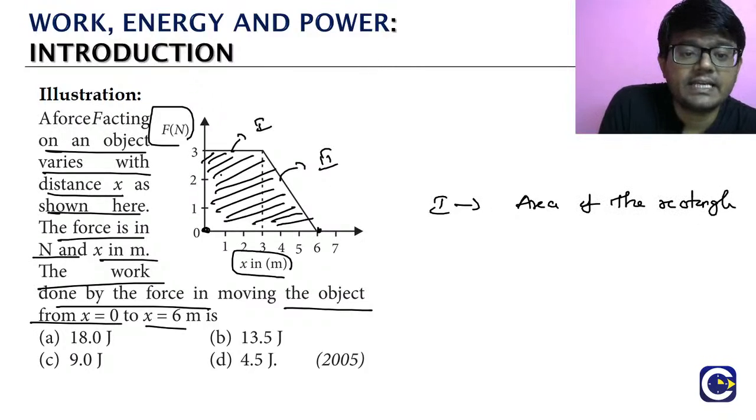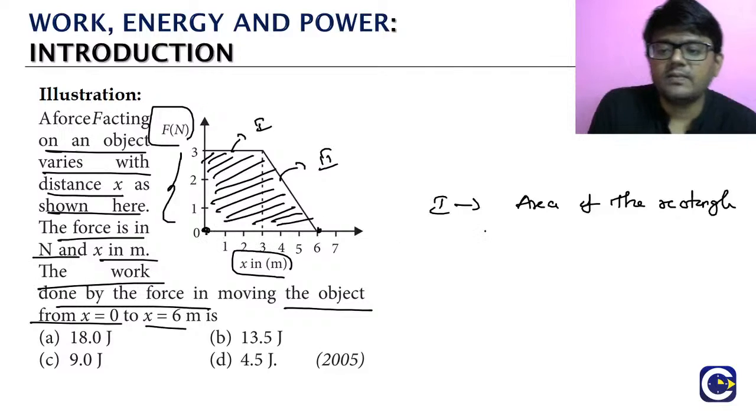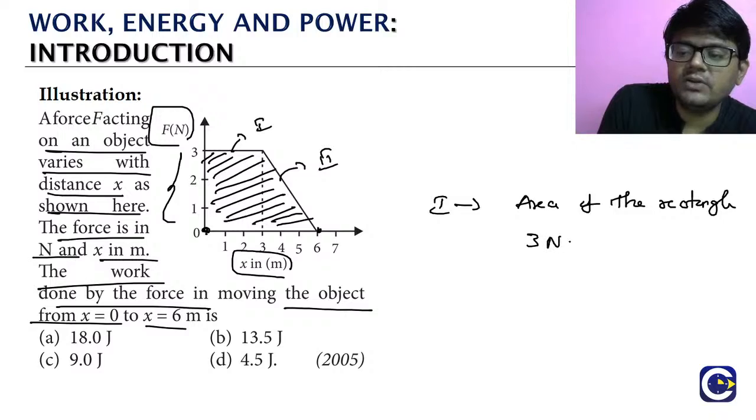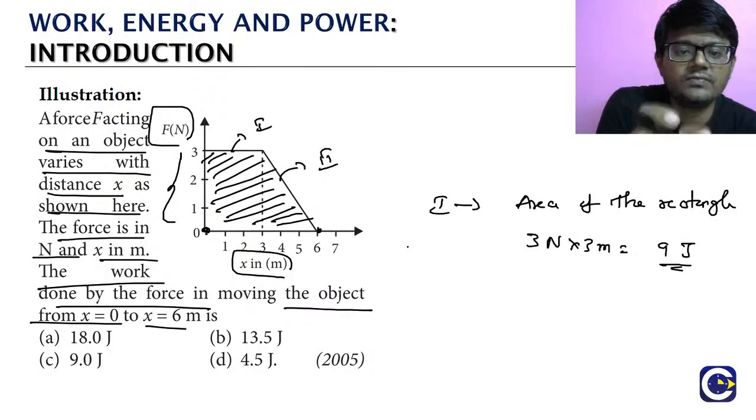What is the area of the rectangle? The height is 3 newtons and the width is 0 to 3 meters. So the area is 3 newtons into 3 meters, which is 9 joules. That is the area of the first part.